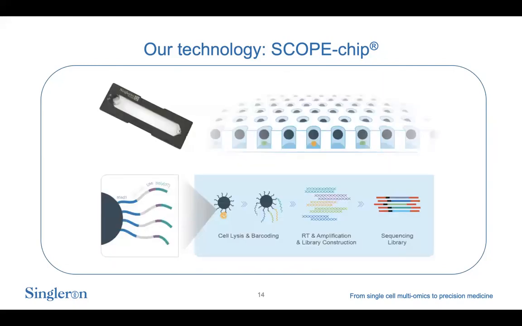The chip itself is covered with microwells. In the standard configuration, you have 150,000 microwells between the two openings of the chip. The way it works is that you prepare your single cell suspension and load it onto the chip, and individual cells fall into the individual microwells.